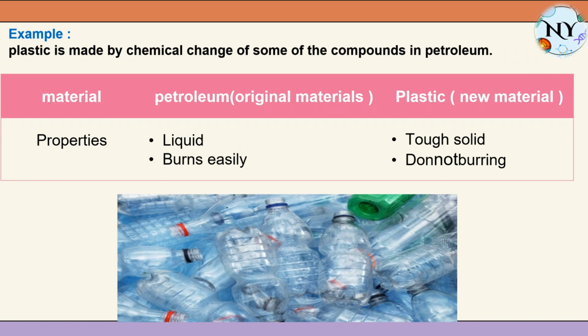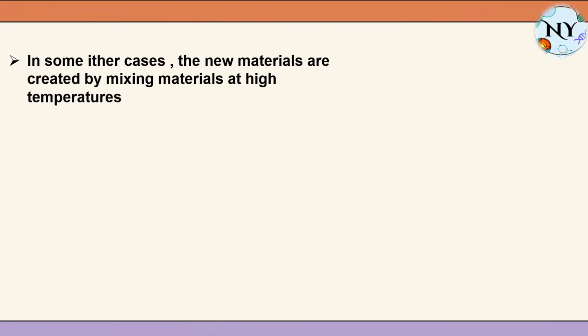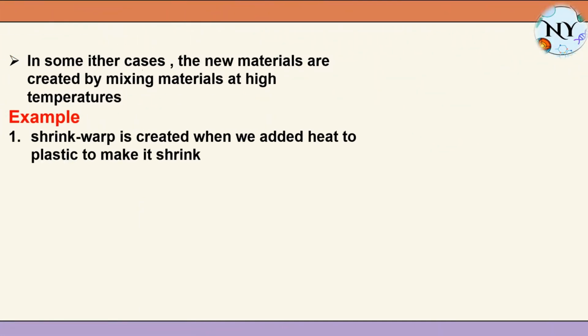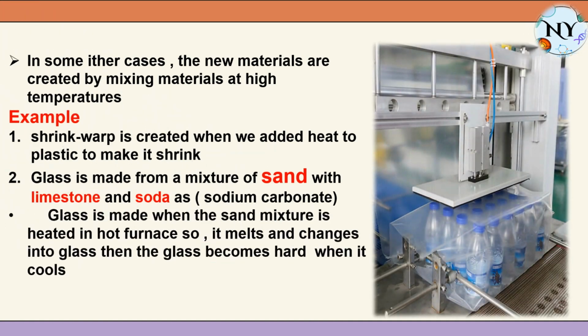When we make chemical changes to its properties, we get a new material called plastic. And we can create shrink wrap when we add some heat to plastic to make it shrink to cover water bottles or soda bottles, as you know.